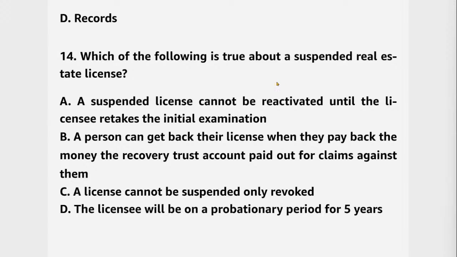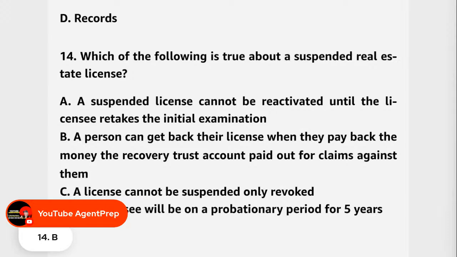The answer is B. I'm sorry, I'm saying B and reading A. A person can get back their license when they pay back the money the recovery trust fund account paid out for claims against them. The recovery trust account is not for paying a realtor's debt. It's for the claims against them made by the person who complains. Very good. Awesome.